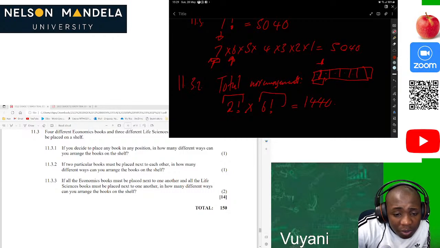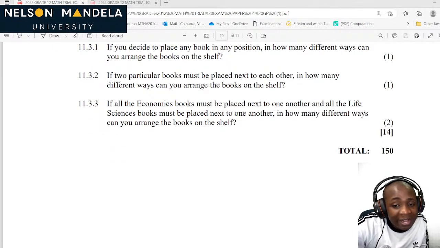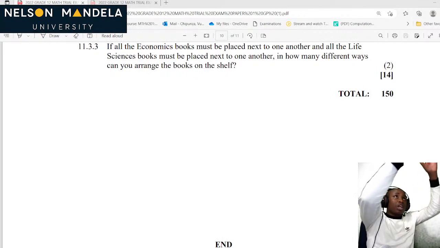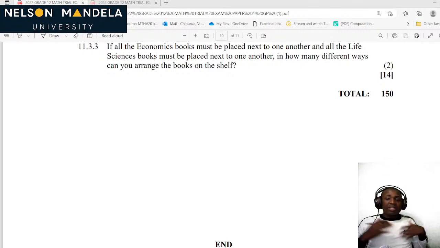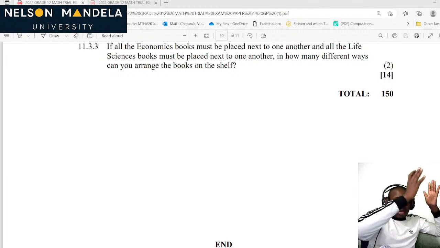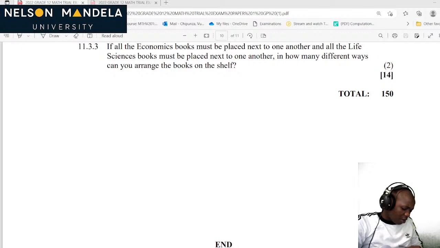This was so straightforward. Now, if all the economics books must be placed next to one another and all the life science books must be placed next to one another, in how many different ways? In other words, you are grouping the economics books on their own side and the life science books next to each other, not randomly placing economics, life science, economics, life science.